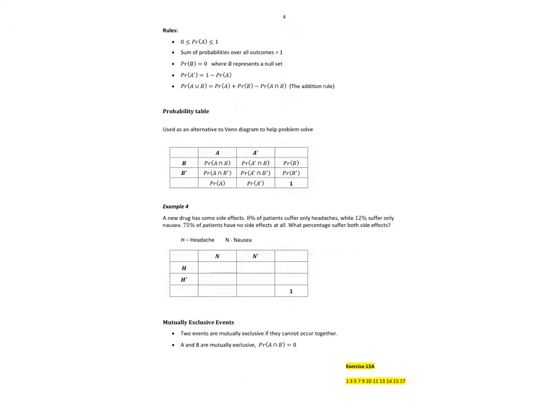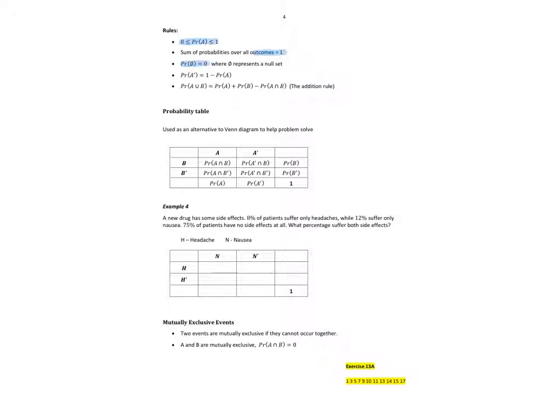All right, so there are different things that we need to make sure we're aware of. No probability can be outside the range of 0 to 1. So a probability of 0 means something can't happen. A probability of 1 means something must happen, okay? If you add up all the probabilities for a particular outcome, they have to add to 1, all right? The probability of the null set, the empty set, is 0.